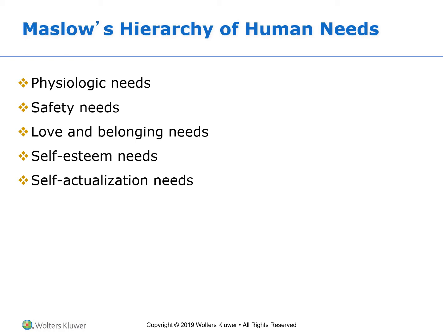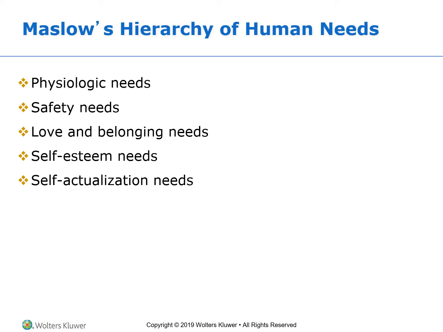So we have to have oxygen, we have to have food, we have to have water. Our body temperature has to be within the normal parameters. We have to be able to eliminate those wastes. Sexuality is also considered here, activity and rest. All these have the highest level of priority, and again, they are all essential for survival.